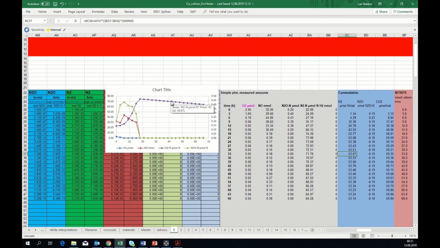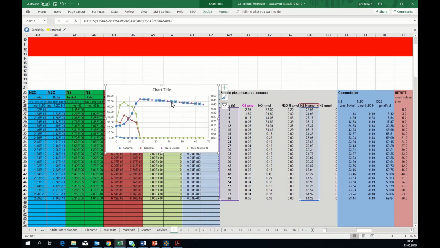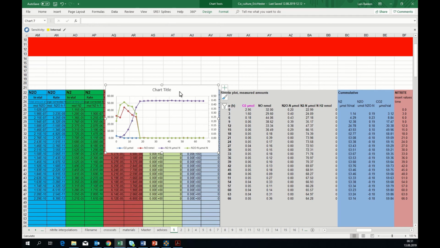What we can do is to take this graph here, we mark N2, and we just drag it over to N2. You can keep the title as it is. Now you see you start at 0 and it reaches a stable level, meaning that the organism produces N2 until a certain point in time, and then there is no more N2 production.